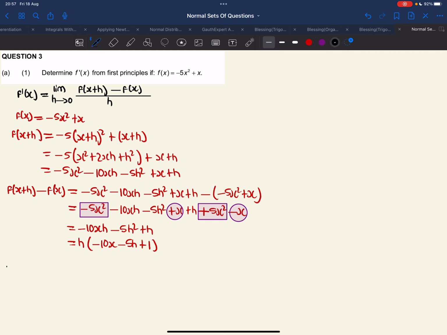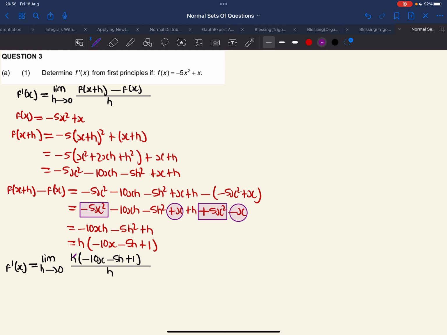So we can now say that f prime of x equals the limit as h approaches 0, and we have determined that all of that at the top should be left as minus 10x minus 5h plus 1, all over h.